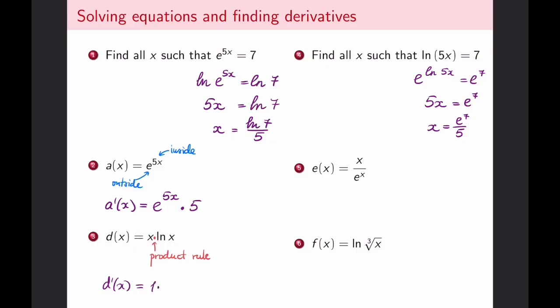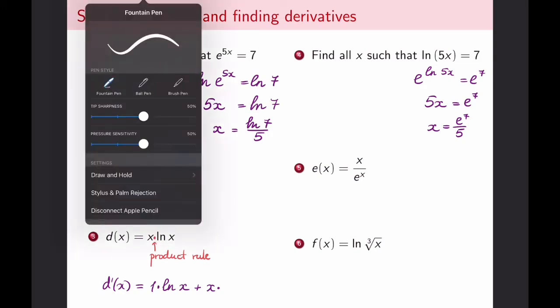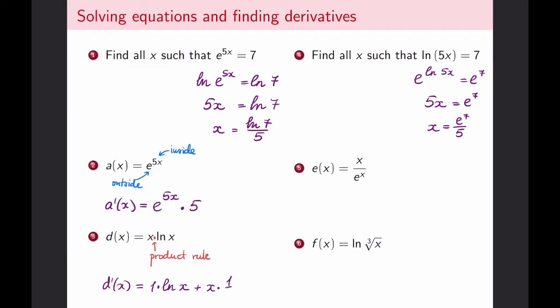So I take a derivative and I keep the second function, plus I leave the first function and multiply by the derivative of the second. Recall that the derivative of ln x is simply 1 over x, so that's what I get. I can see, of course, that I can simplify this because, for example, in the second portion, the two x's will cancel and I'll simply get a 1. So my most simplified solution will be ln of x plus 1.